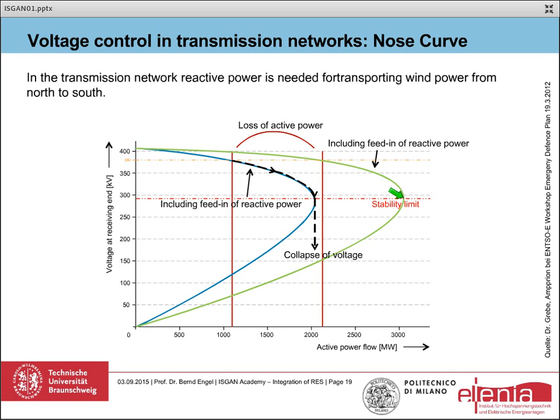This is, for example, very important for the transmission of all the power from the wind power plants in North Germany to South Germany. We have to provide capacitive reactive power in South Germany.